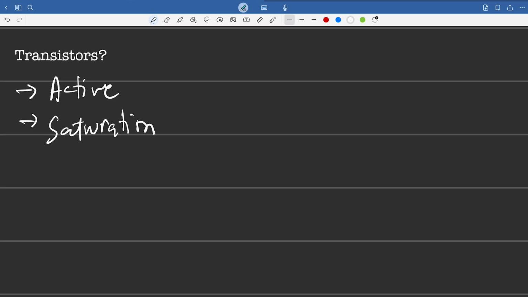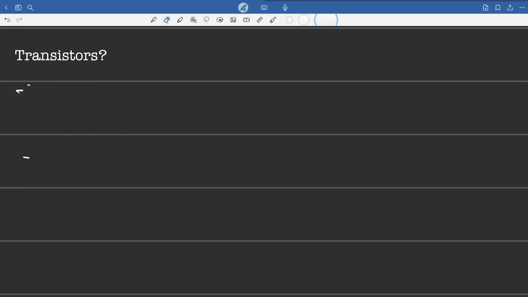We have a region called, what was it? Cutoff. Yes, it was the cutoff region. So we're basically going to discuss all 3 of these over here, and we're going to see how they all operate, using a graph that's going to tell us. And these are all related to different parts of the NPN that we're going to talk about here.